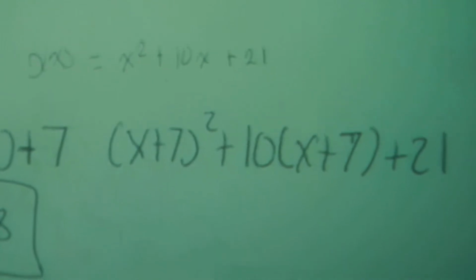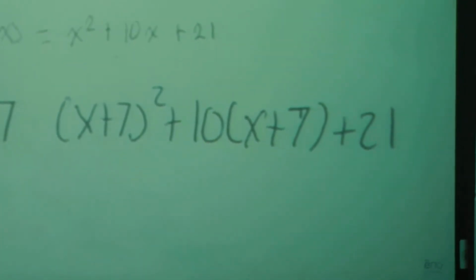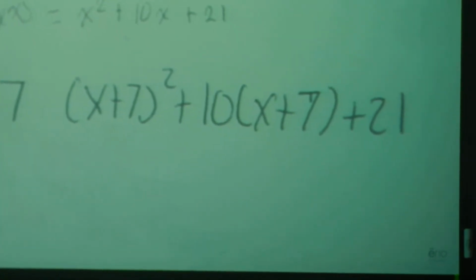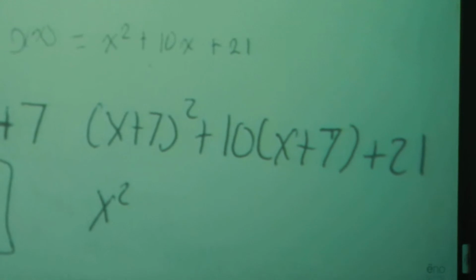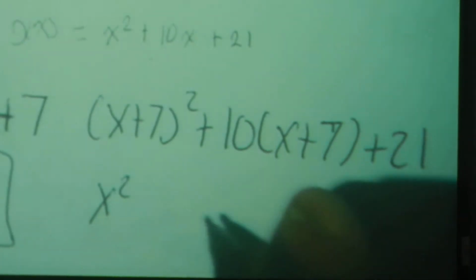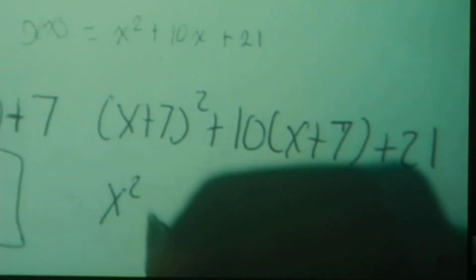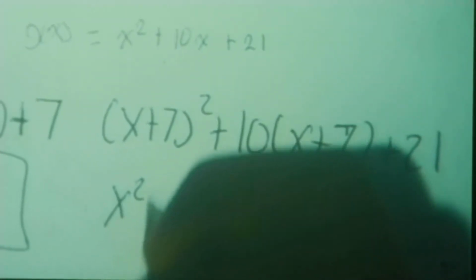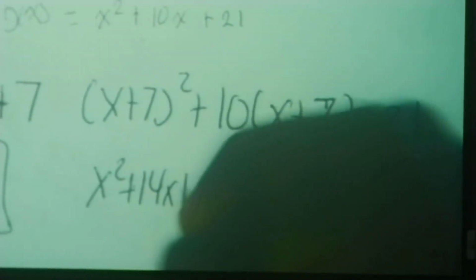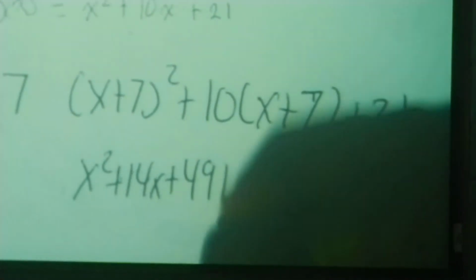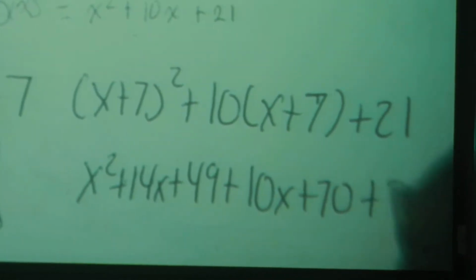So as Mr. White had done over here, we have to expand this out, so we're going to get x squared plus 14x plus 49 plus 10x plus 70 plus 21.